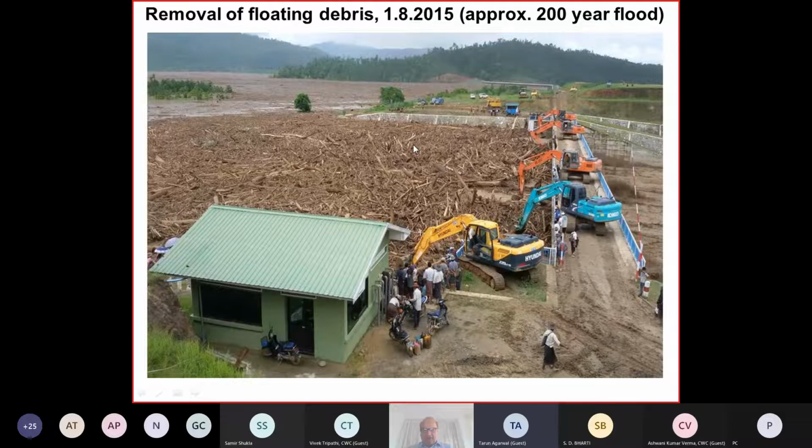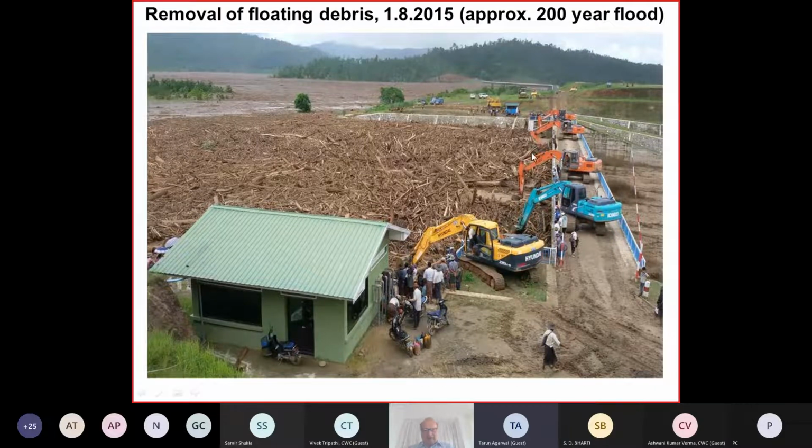You see here it is an embankment dam. This is the spillway, and the dam was just more or less completed. You see here the reservoir is basically full of floating debris, and because the contractor had not yet left the dam site, this equipment was still here, some backhoes. So they were placed here.